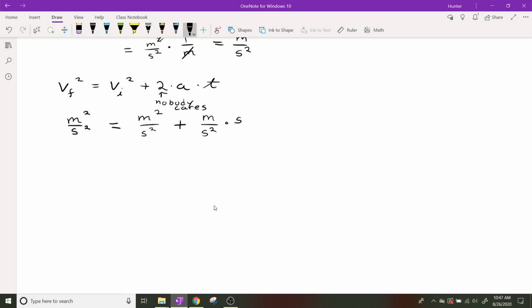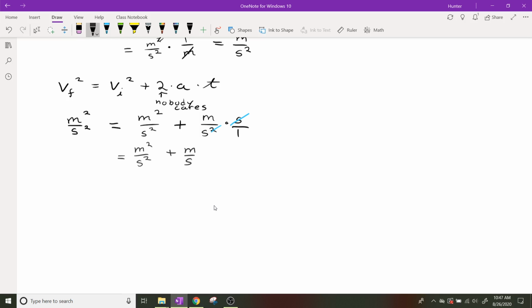This is the same thing as s over 1. So this s can go away and this can go away. So you get meters squared per second squared over here plus meters per second.